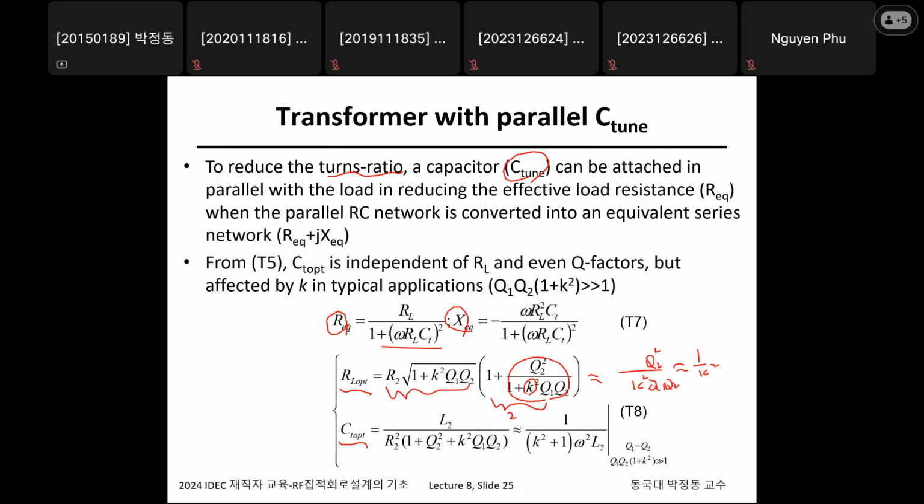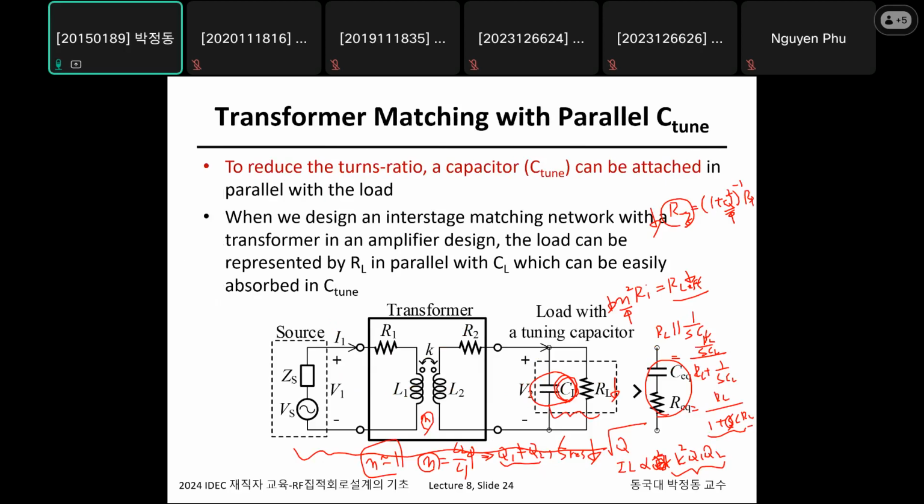And CT opt is also given by this, which is eventually scaled by K square plus 1 L2. Previously it was just omega square L2, right? C was just changed by this amount.